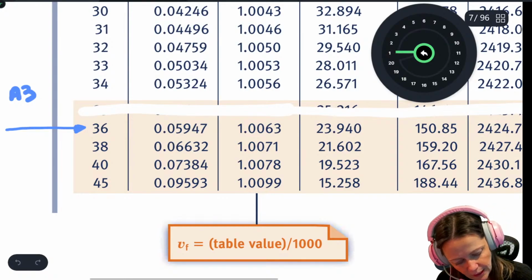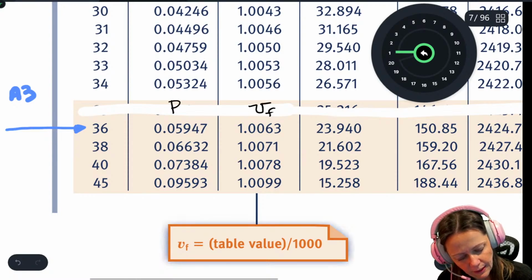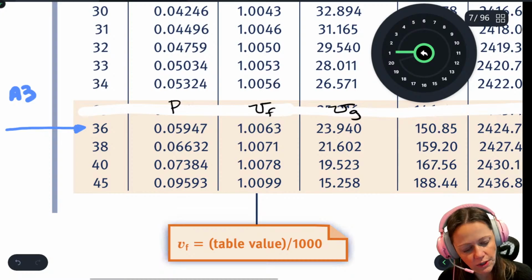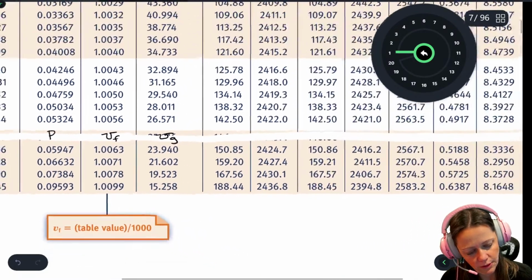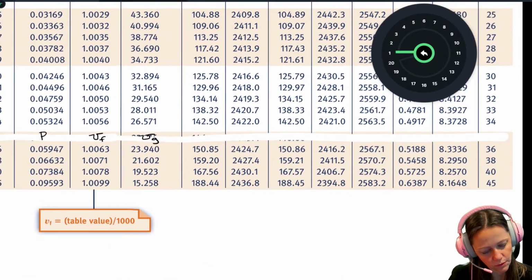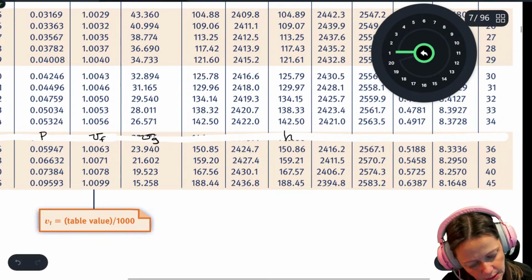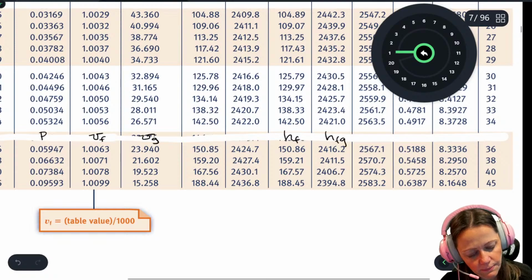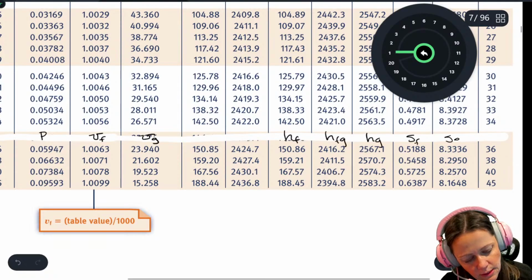There we go. Here's the pressure, V sub F value. Here's a V sub G value, some U value stuff over there. This is an H sub F. This is an H sub FG. This is an H sub G. This is an S sub F. This is an S sub G. Okay. And that's temperature over here.